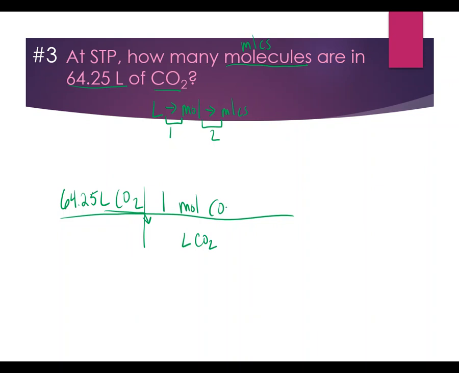So 1 mole of CO2, and we know that that's 22.4 liters. We already know that value. Now I'm going to keep adding on to my track to go from moles to molecules. So now I take my moles of CO2, I put that down here, moles of CO2, and that's going to equal my molecules of CO2. 1 mole, what's the number for any type of particle, which molecules happens to be a particle, so what's that number that I put up here?